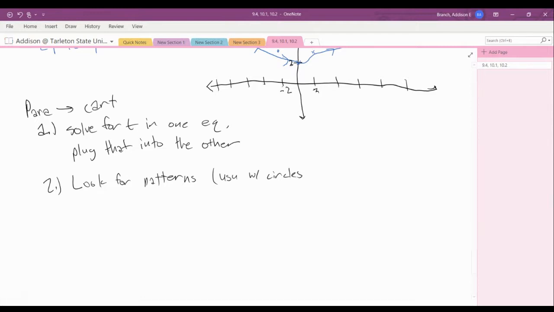So the pattern for that one would be if you have x equal to some h plus some radius cosine of t, and y equal to some k plus radius sine of t. And usually they're going to limit your parameter to between 0 and 2 pi. That's usually the main case where you'll see that.